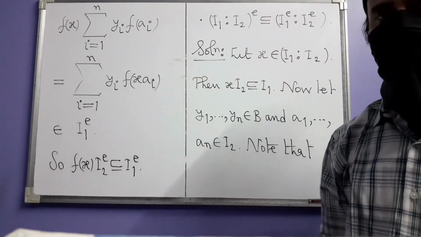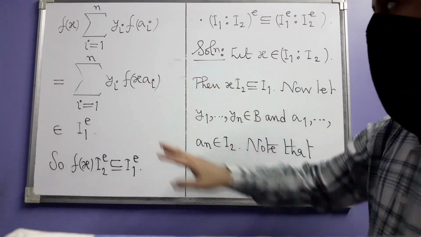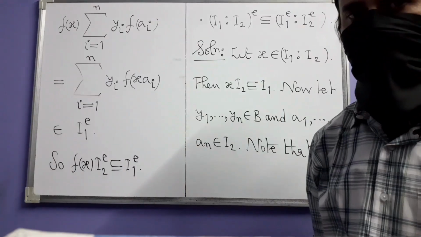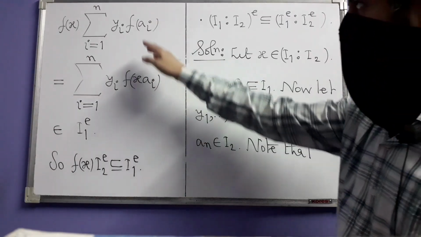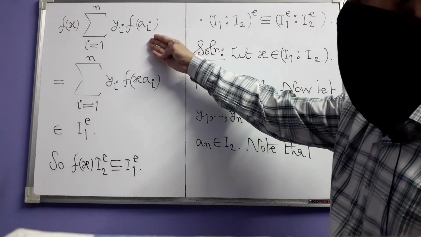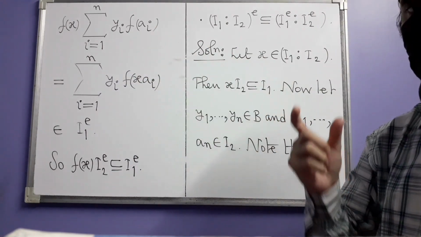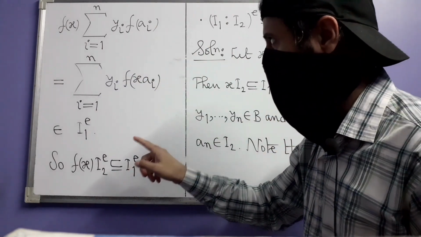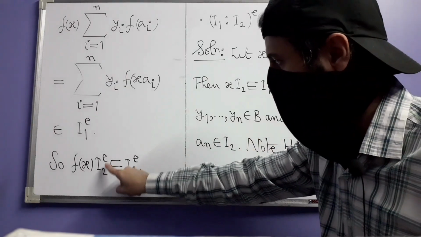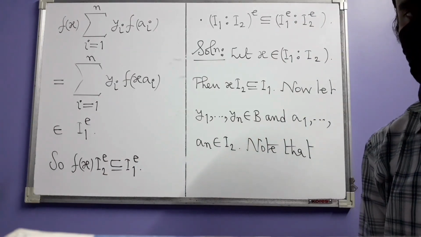Now you look at this product. Now we come back to that question of why we considered it. Well, what do you see in this sum? In this sum you see the general form of the elements of I2 extension. Why?